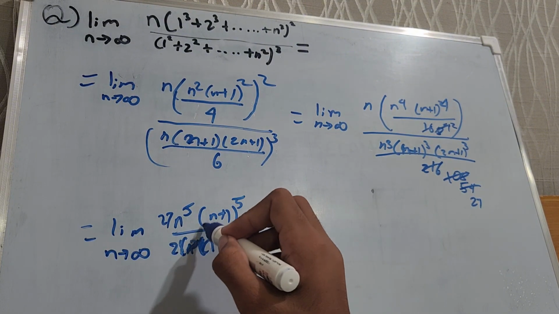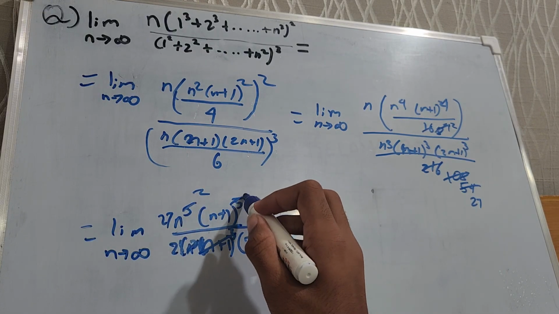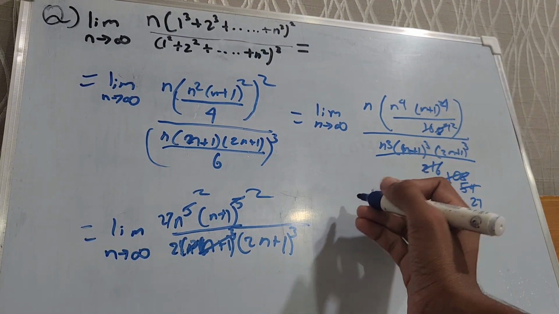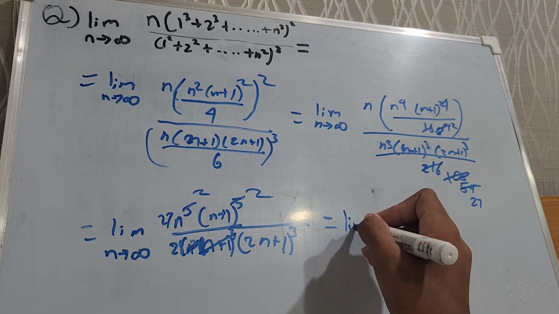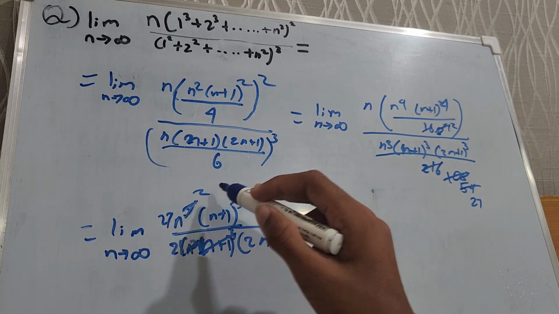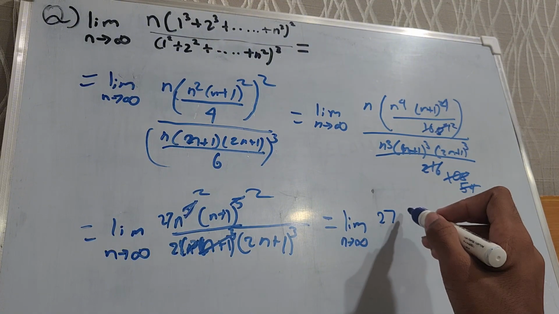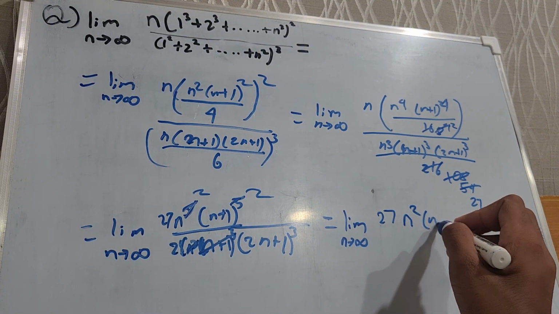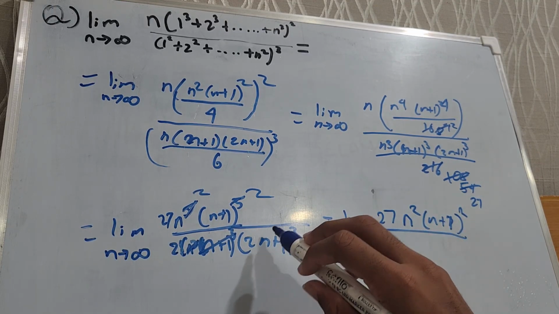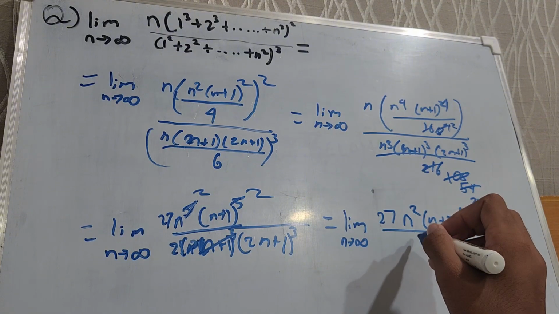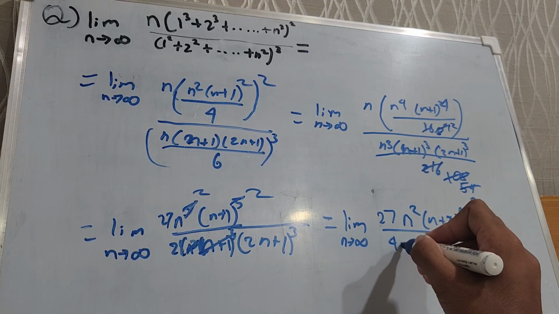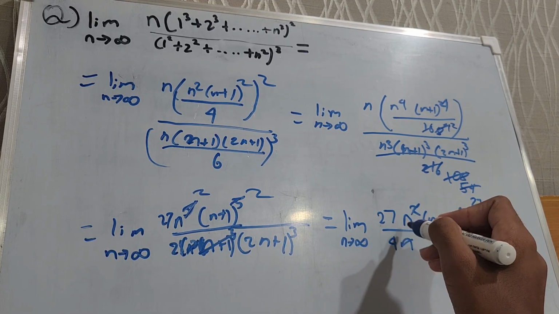Now this one square, and now our next step, limit n tends to infinity, 27 n square plus 1 whole square by, you take n common, we get 2n, 2 into 2, 4, so we get 4n. Now we can cancel n here.